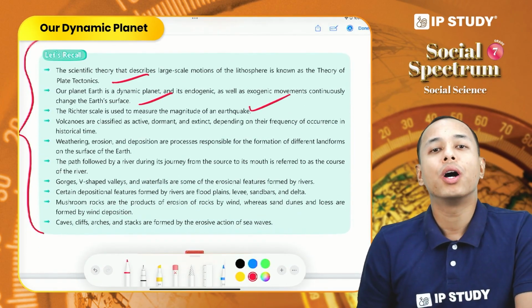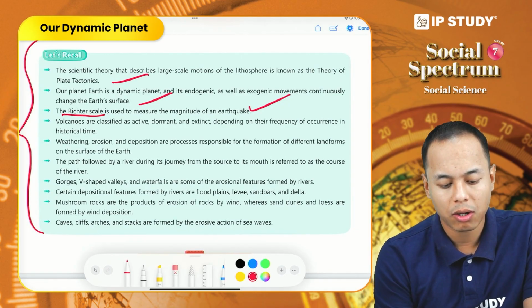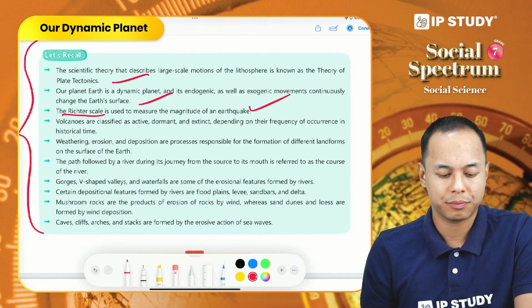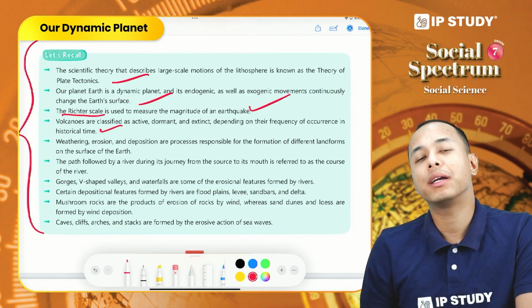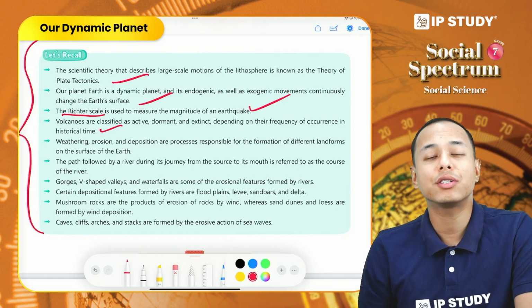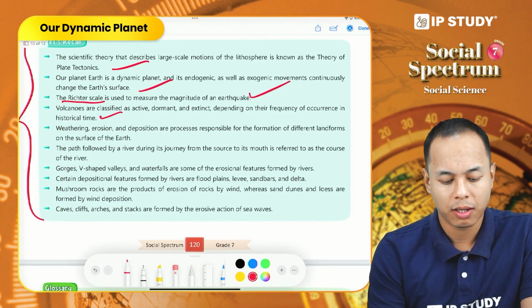And to measure the magnitude of an earthquake, a scale called the Richter scale is used. Okay. Volcanoes can be classified on the basis of their frequency of eruption, and there are three types of volcanoes: active, dormant and extinct.